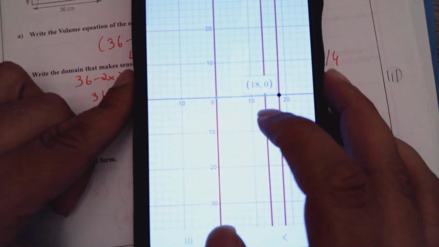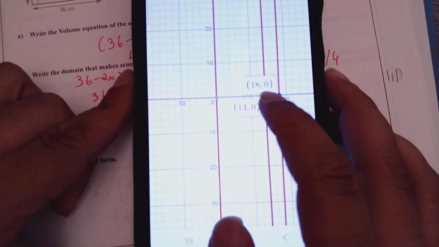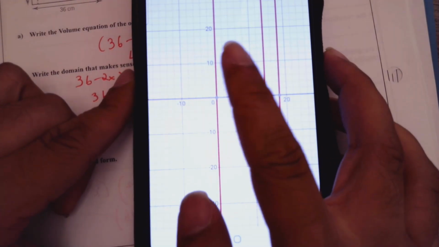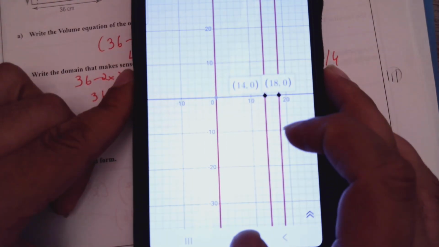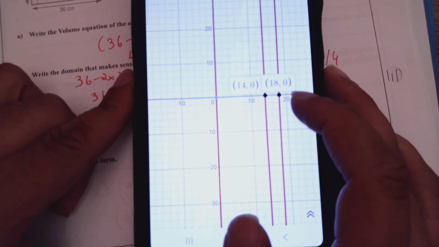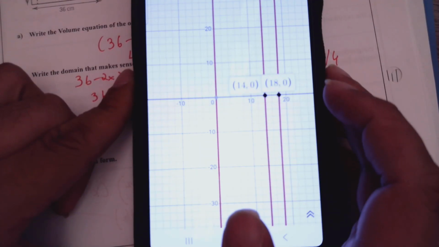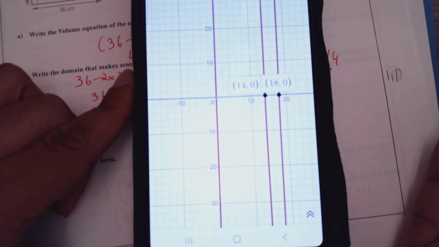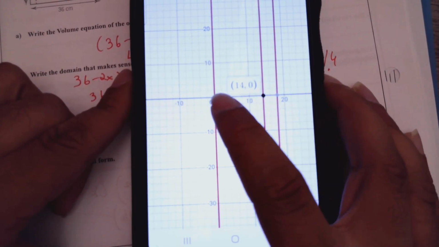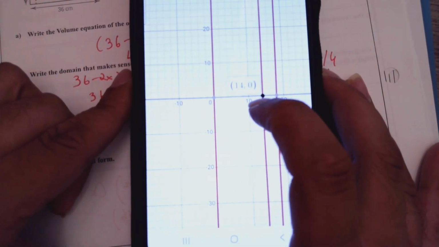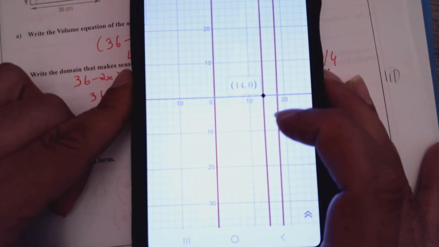Because if you take a look here, between 0 and 14, the volume is positive. But if you plug in between 14 and 18, it's going to be negative. You cannot do anything greater than 18 because you can't cut a box with a length of 18. So between 0 and 14 your graph is positive. After that it becomes negative. So that's the only one that makes sense.